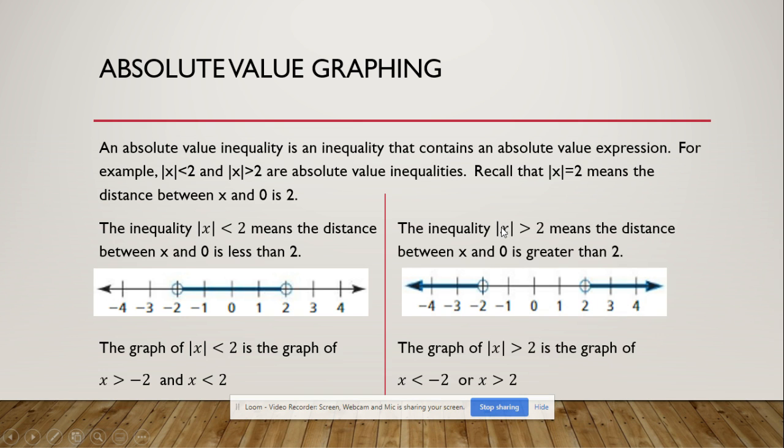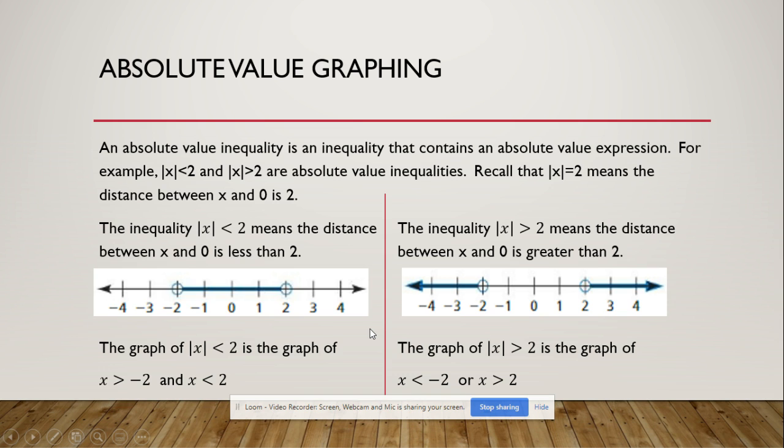Next, we've got if absolute value of x is greater than 2. Remember what absolute value means. The distance between x and 0 has to be greater than 2. So think of all numbers that are more than 2 away from 0. We've got numbers like 3, 4, and 5. But also -3, -4, -5.